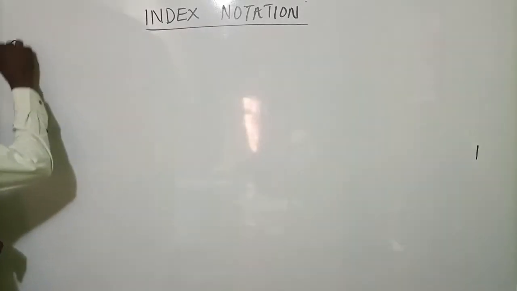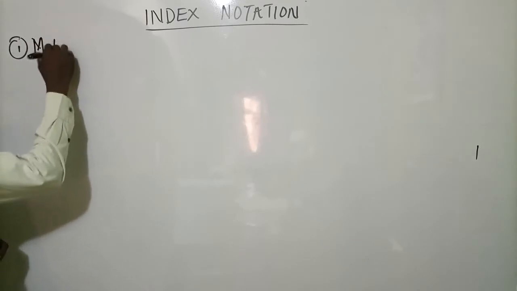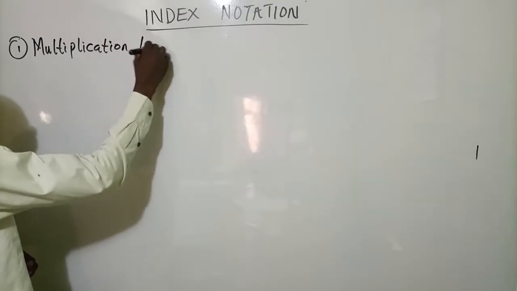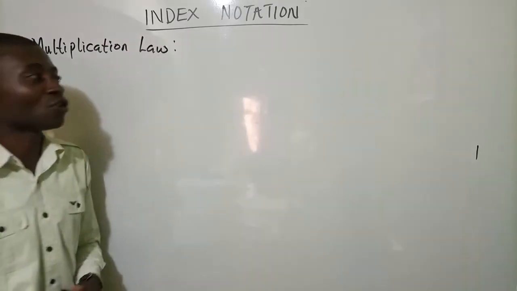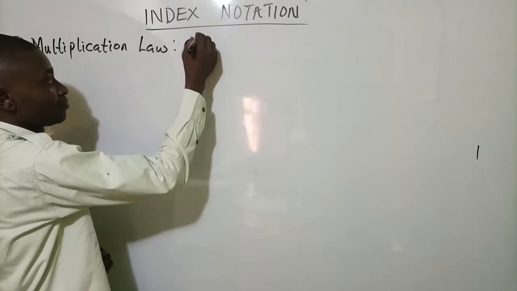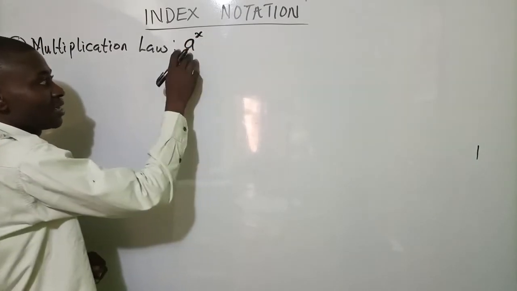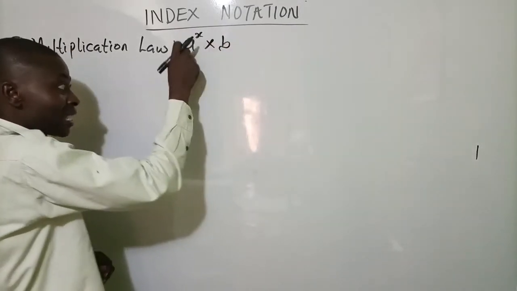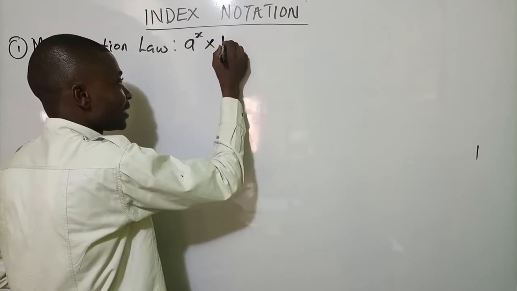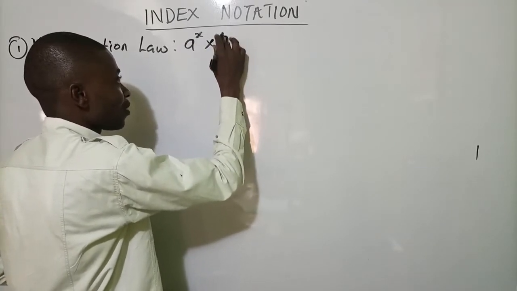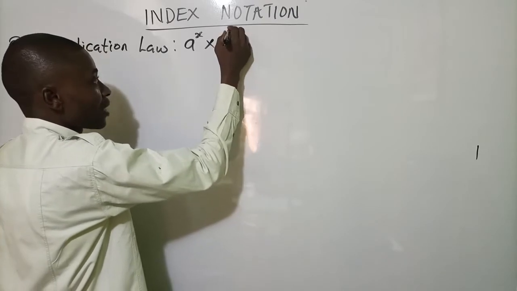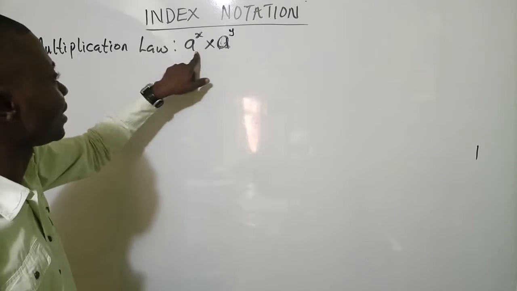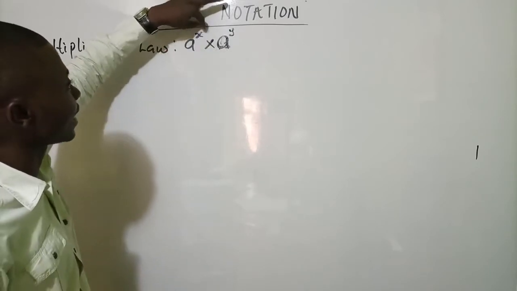The very first one that we'll be talking about is the multiplication law. The multiplication law states that if a base, let's say the base a, is raised to the power x, multiplied by the same base a, also raised to another power y, then looking at this, the bases are the same, a and a, raised to different powers x and y.